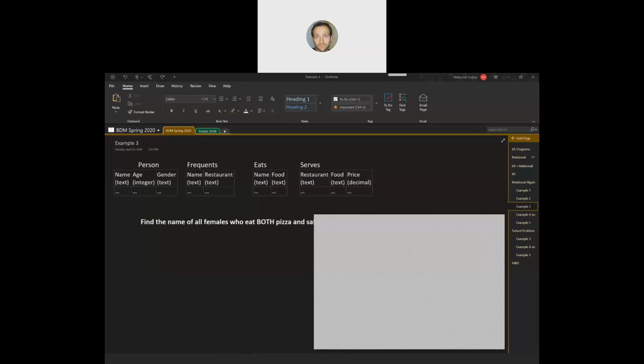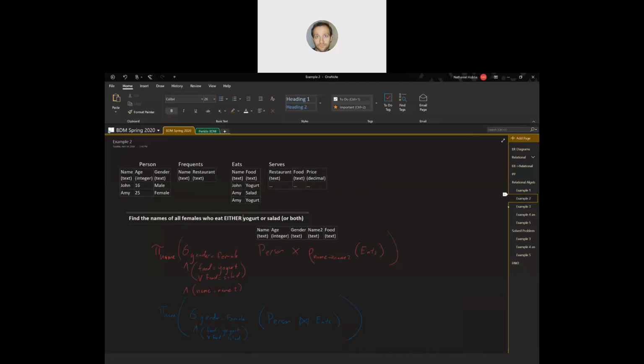Can you go back to the previous example, with the gender equal female, yogurt? The little caret symbols, are those part of the notation or syntax?